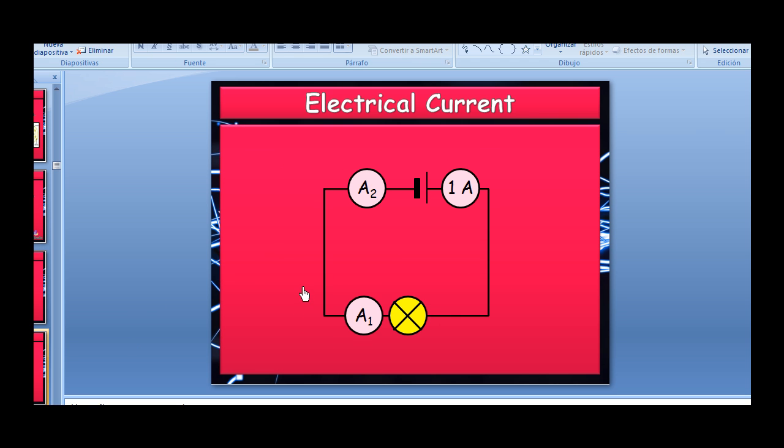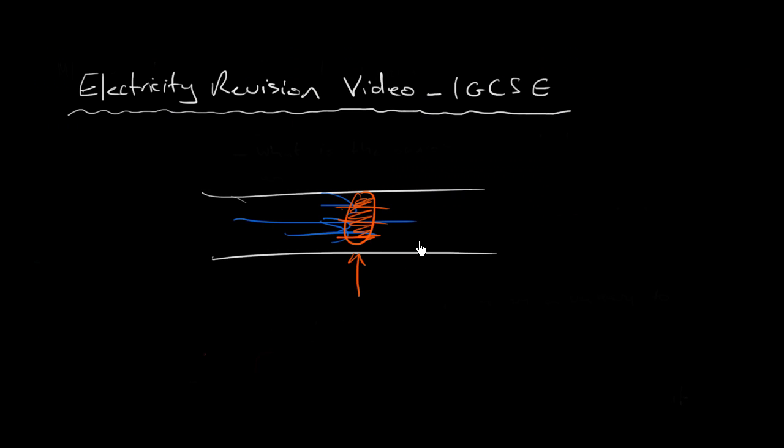So what's happening here? It's easy to determine what the value of the current is when you're in a series circuit, the same as if you assume that in a river the water doesn't spill out or anything, then if you ask somebody, hey, how much water is going through here, and then a little bit further you ask them how much water is going through here, then as long as there's no changes or new additions of water coming in from the sides or water leaving the river, then you can say that the same amount of current of water is going through here and through here.